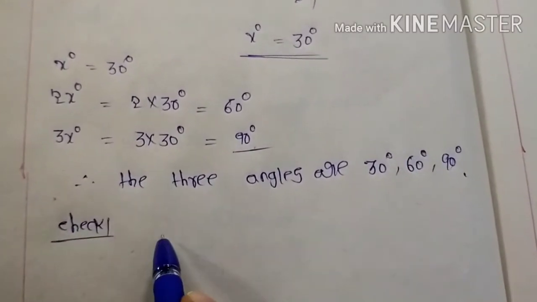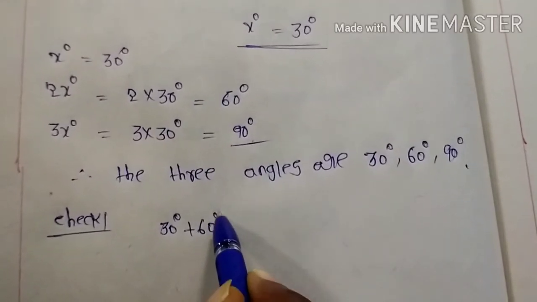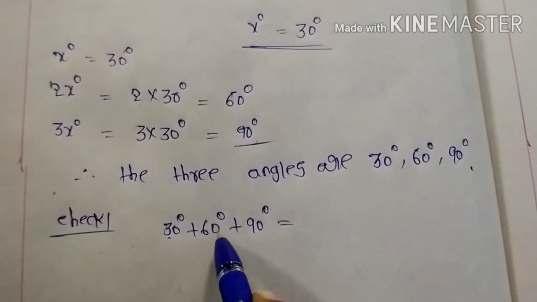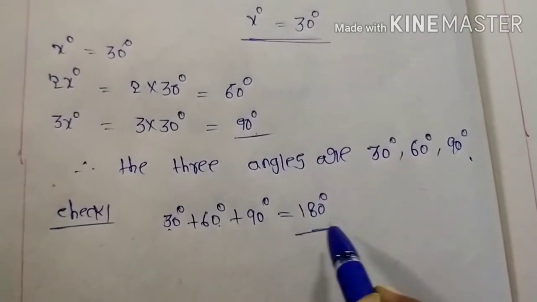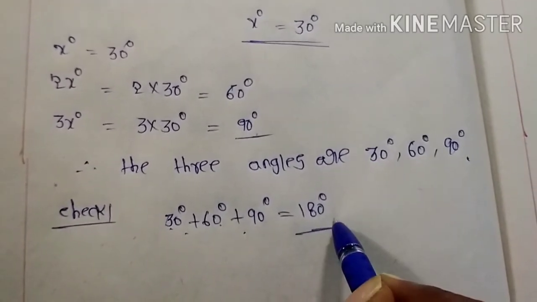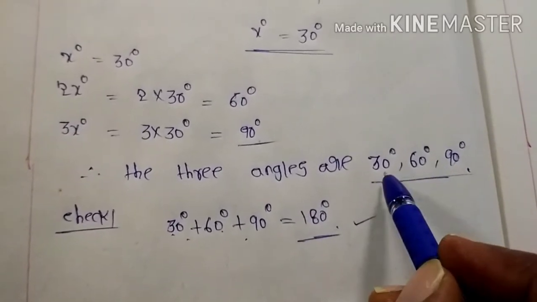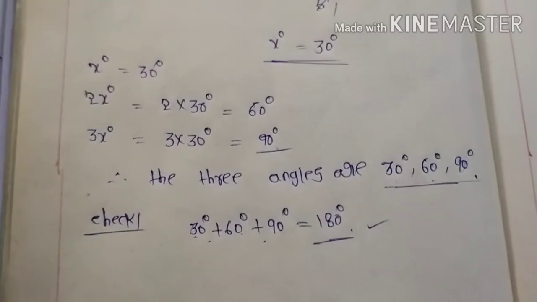Just add these three angles. 30 plus 60 plus 90: 30 plus 60 is 90, 90 plus 90 is 180 degrees. Yes or no? Sum of the angles at a point on a line is equal to 180 degrees or not? Yes, this is your solution. The three angles are 30, 60 and 90 degrees.